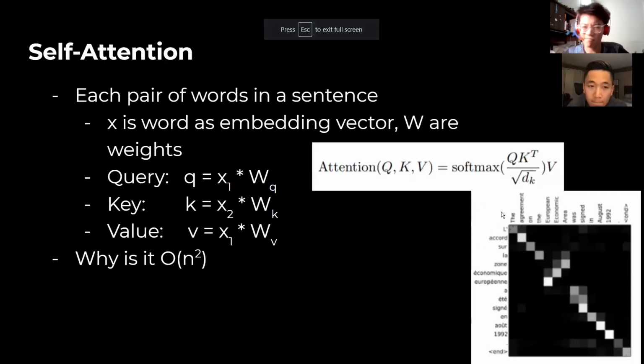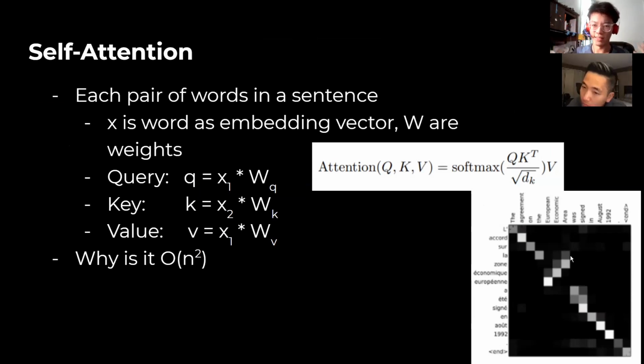This is basically an English to French translation data set, and this is one of the attention blocks visualized. For each word in the sentence, it would have attention to every other word of the output sentence. And that's why there's an n squared memory requirement.